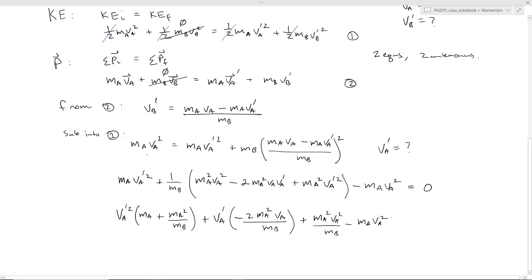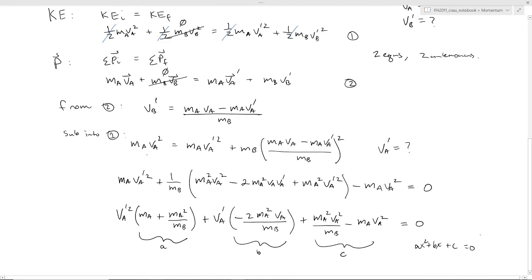Okay, so notice why I have done this is because this thing is a quadratic. You have A, B, C. So you have an equation of the form ax squared plus bx plus c equals 0.